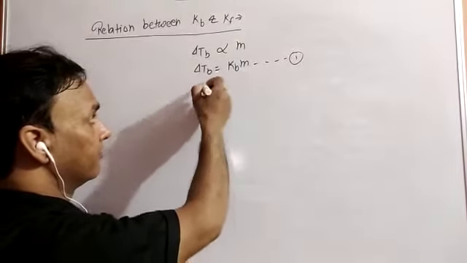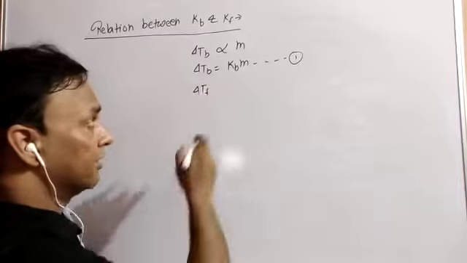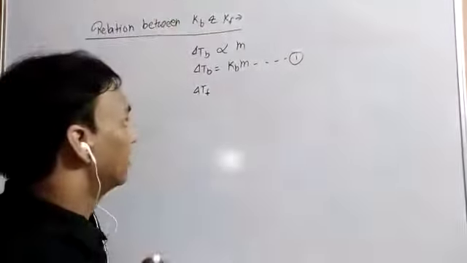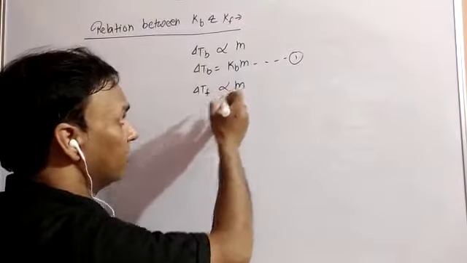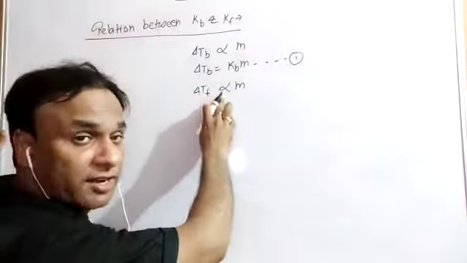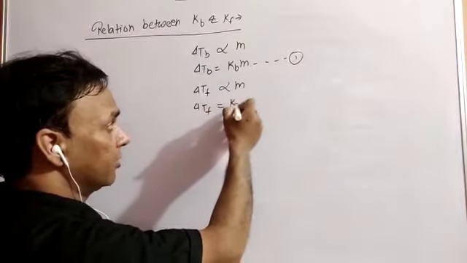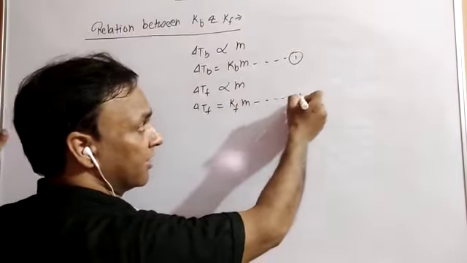Clear? In the same manner, this equation is considered as the first. And delta Tf, the depression of freezing point, is also directly proportional to the molality. When we eliminate the proportionality sign, a constant is introduced. Delta Tf is equal to Kf into m. That's the second equation.